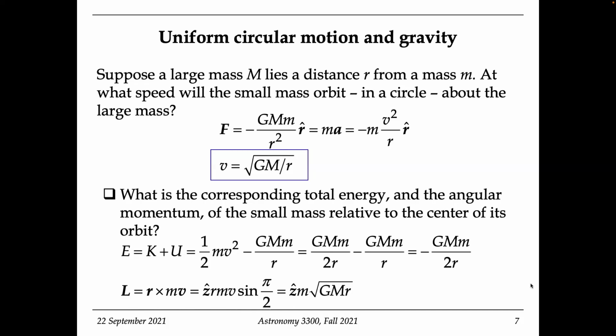Is it not? So that equals minus 1/2 G little m big M over R. And that is by definition U. Minus 1/2 U. For a bound system in circular orbit.